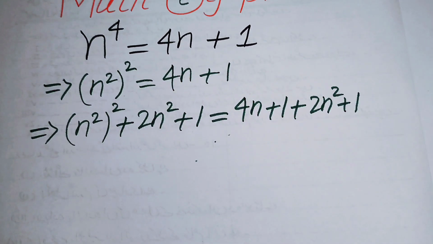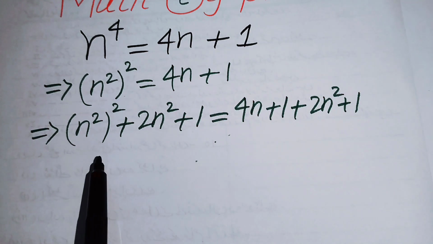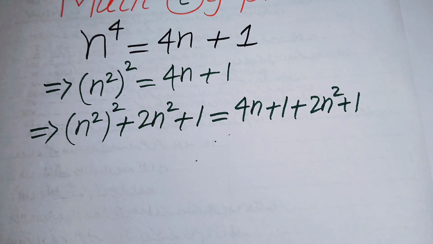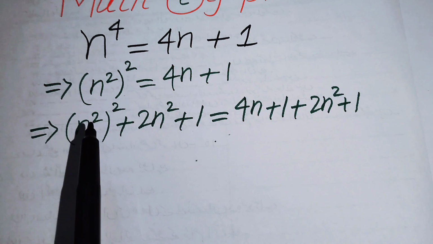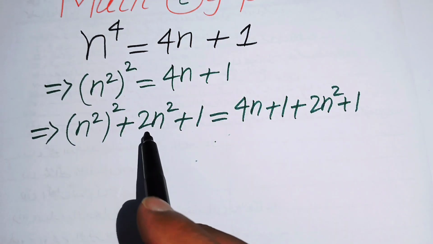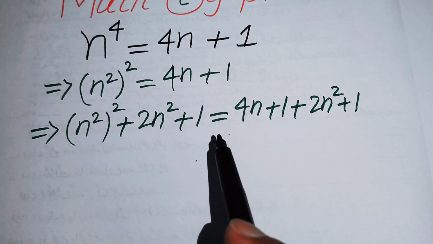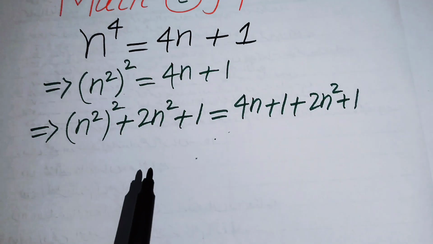I can add this term because I can make the left hand side into a perfect square form, so I use the terms 2n squared plus 1 and add them on both of the sides.